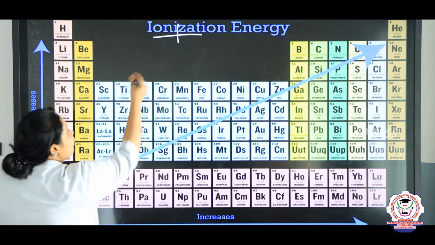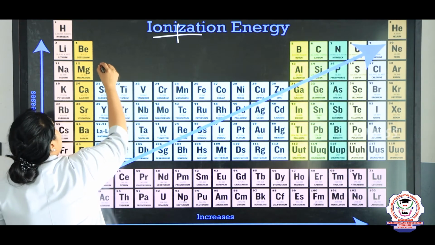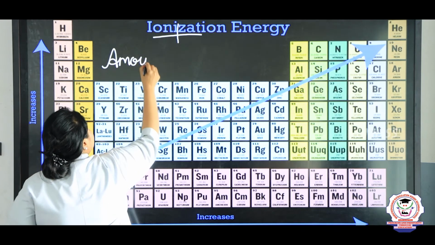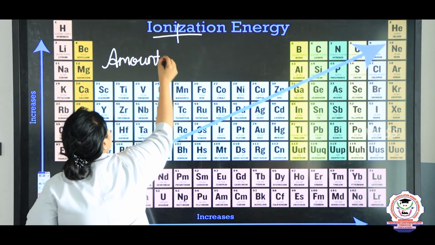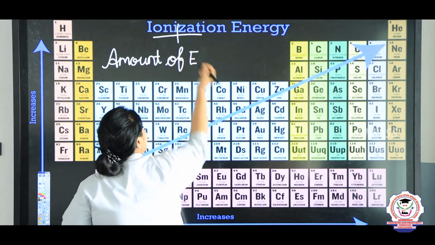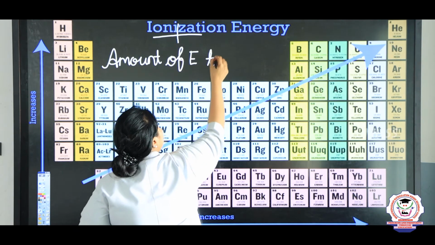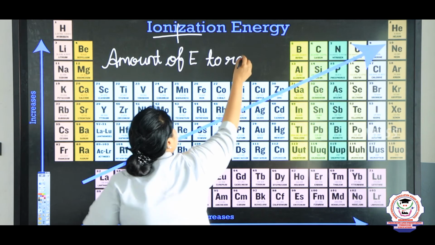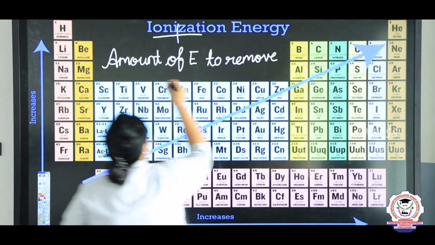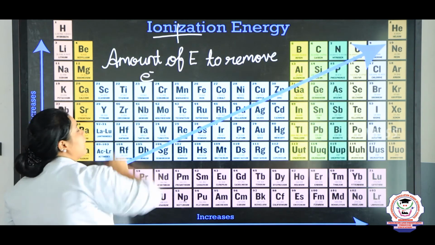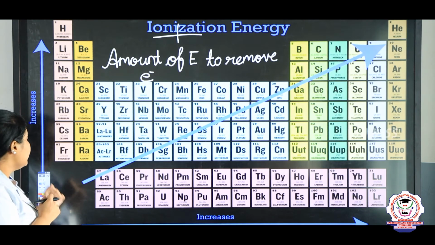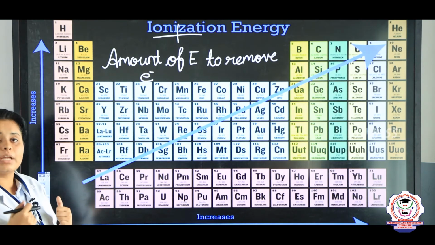So the amount of energy required to remove an electron. Electron from where, children? Electron from the valence shell.